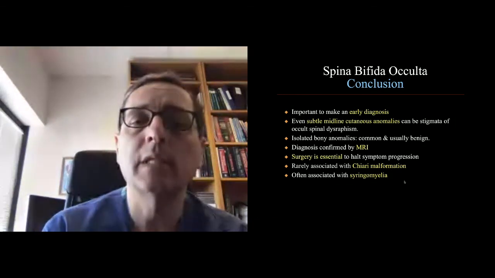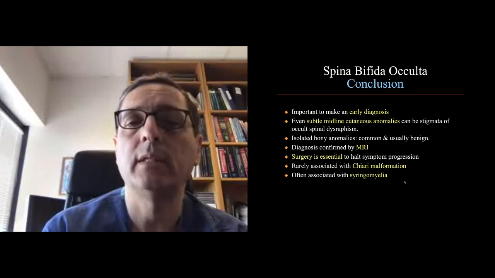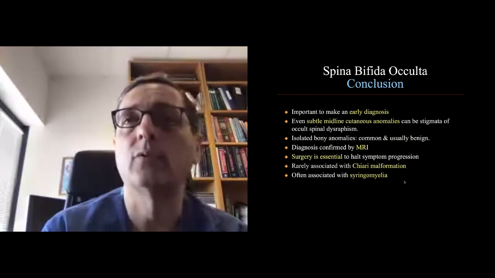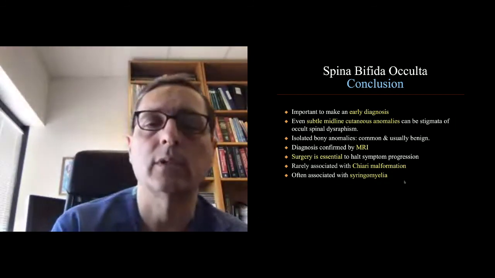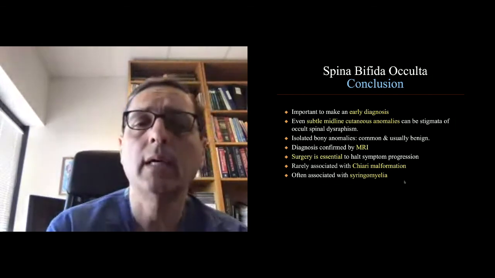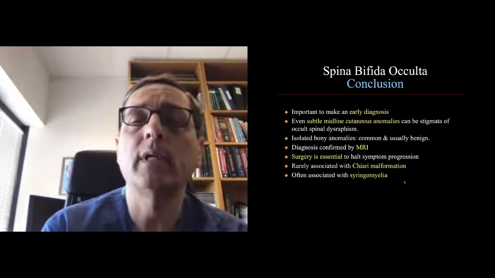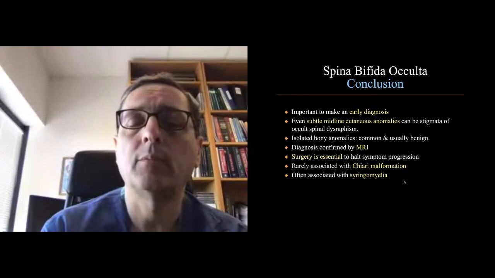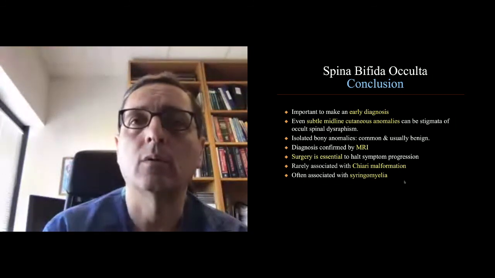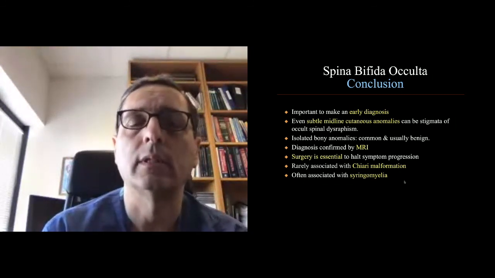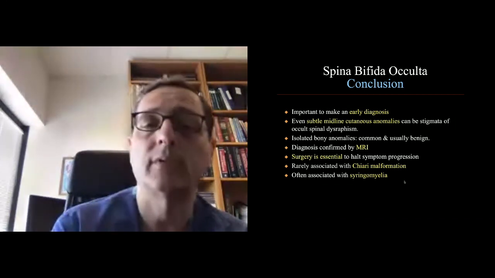Even subtle midline cutaneous anomalies can be important signs to look out for that denote spinal cord abnormalities. Isolated bony anomalies without any other abnormalities in the skin or the bladder or the legs is often normal.